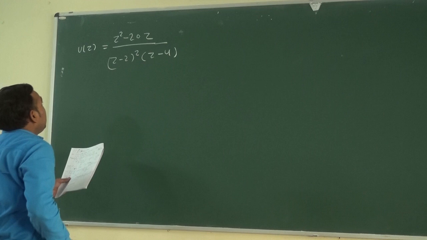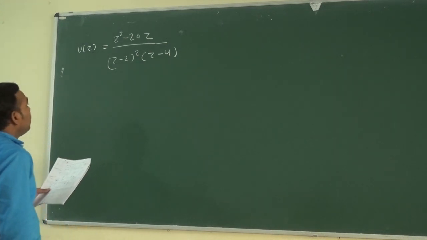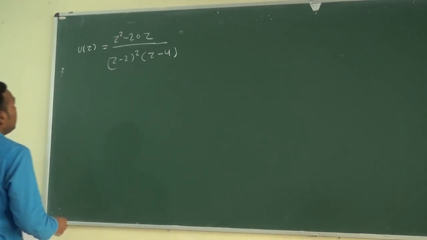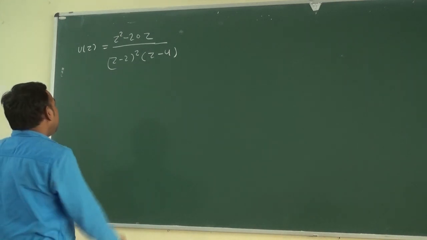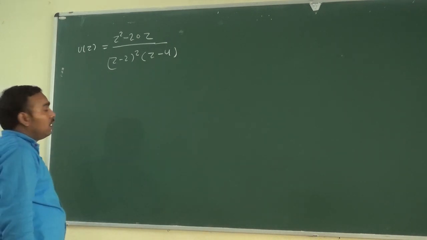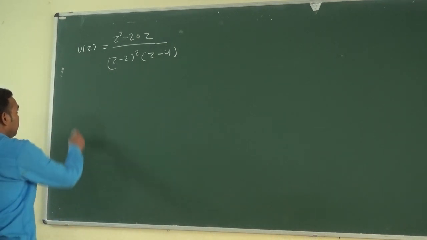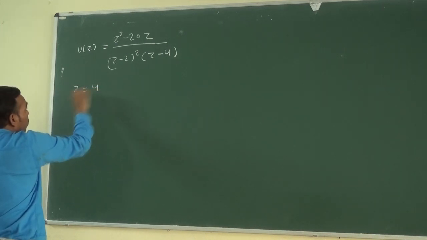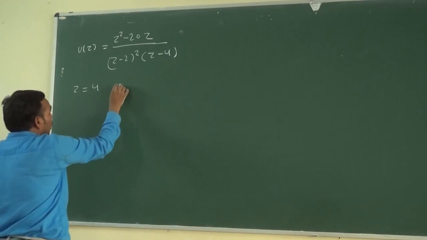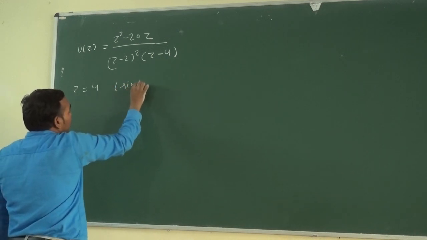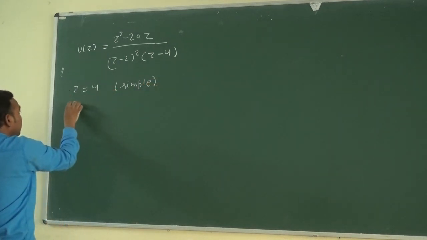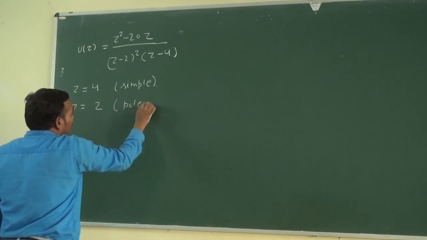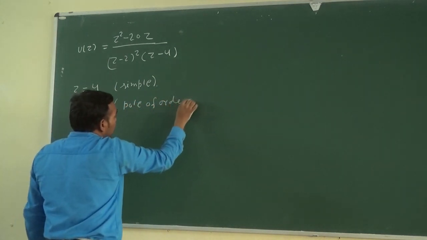We want to find the inverse Z transform by residue method. So you see here Z is equal to 4 is a pole and this is a simple pole, and Z is equal to 2 is a pole of order 2.